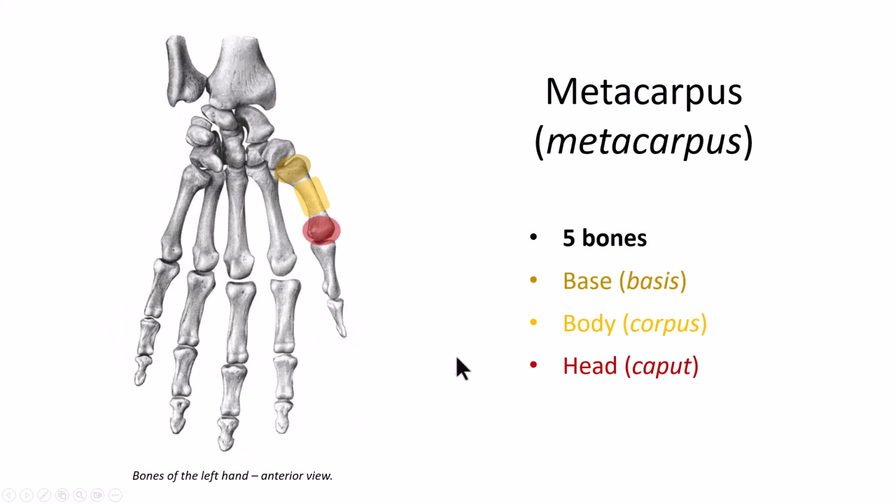I emphasize that the metacarpal bones are not fingers, but structures that form what we commonly call the palm. Between them there are numerous muscles, tendons, nerves, and vessels that fill these empty spaces, visible in the illustration.